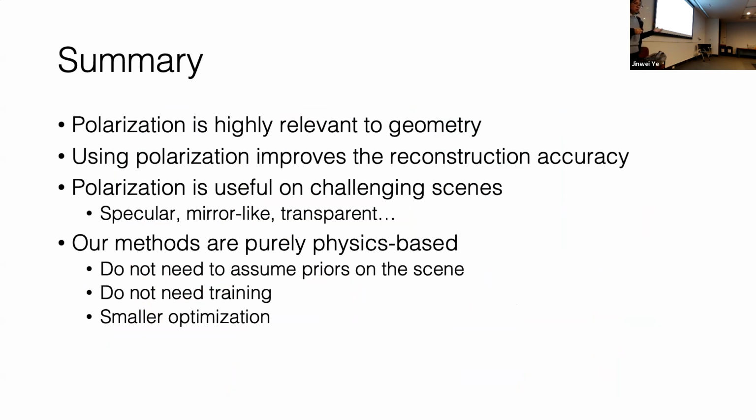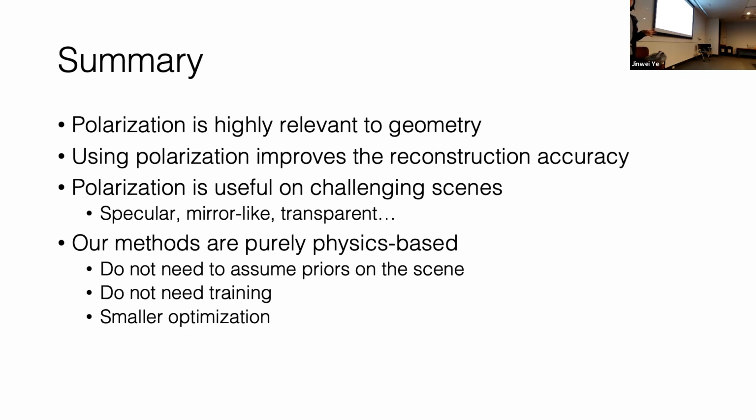Also, polarization is useful in many challenging cases like specular, mirror, or transparent objects, which are very hard cases for conventional computer vision, either to detect or to 3D reconstruct. And our method is purely physics-based, so it doesn't need to assume priors on the scene.